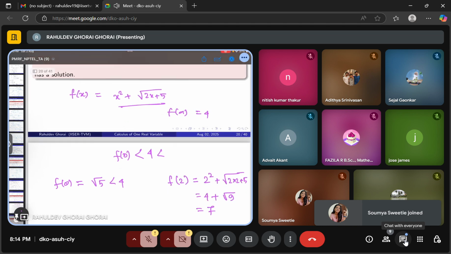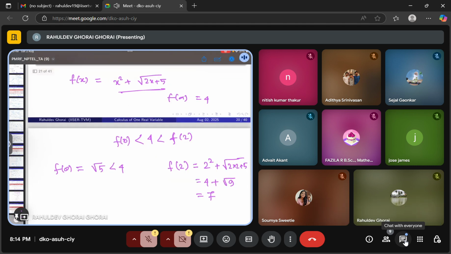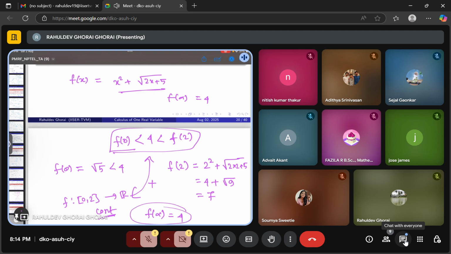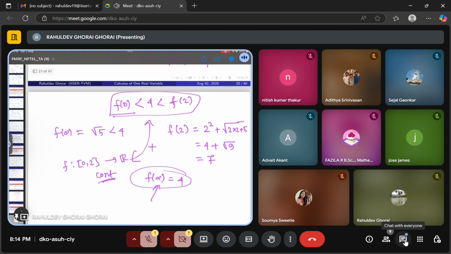So you have f(0) and f(2), and f from 0 to 2 to R is continuous. That is easy to see. With this continuity, the intermediate value theorem says there should exist alpha such that f(alpha) is equal to 4. That's the solution.